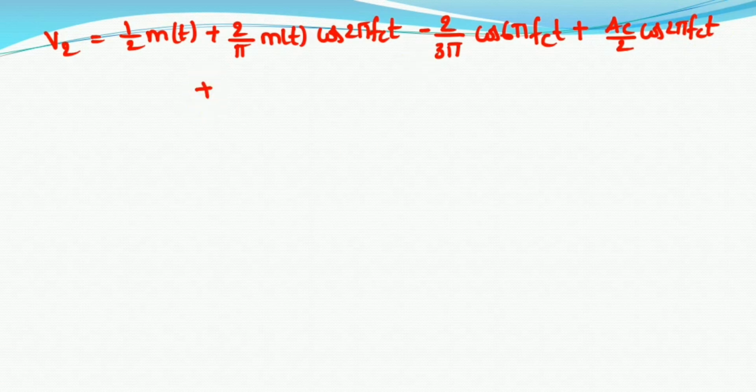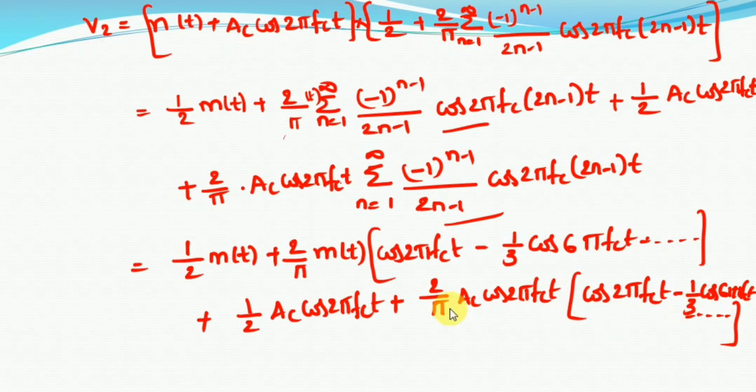So here the value is V2 equal to 1 by 2 m of t plus 2 by pi m of t into cos 2 pi fct minus 2 by 3 pi into cos 6 pi fct plus Ac by 2 into cos 2 pi fct plus Ac by pi into cos square 2 pi fct.